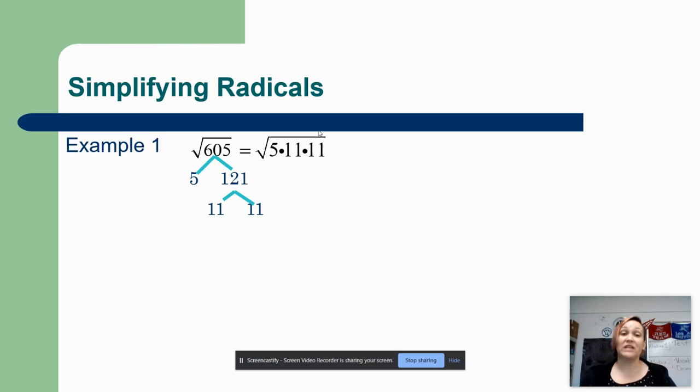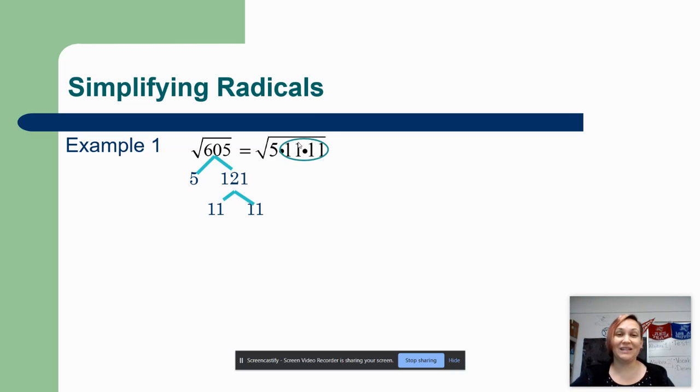Now, this is a square root. Square is an exponent of 2. And so when simplifying radicals, you're going to look for pairs of numbers, 2, since it's a square root. In this problem, I have a pair of 11s. If you can find a pair of numbers, circle them.